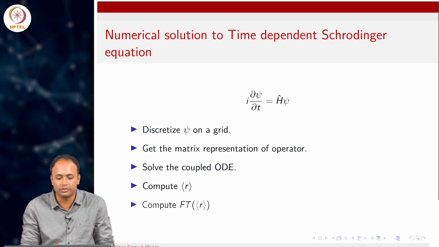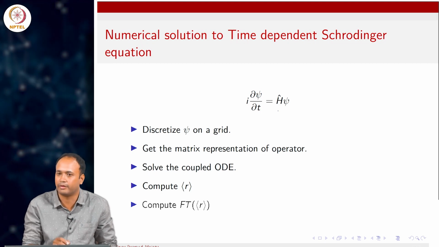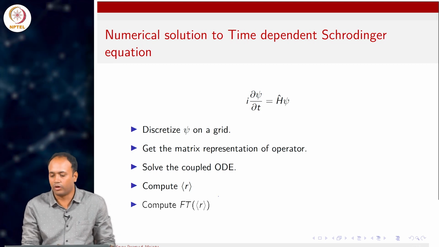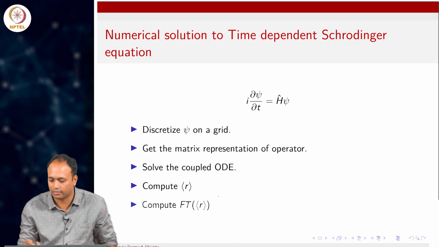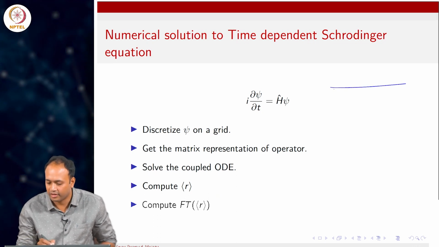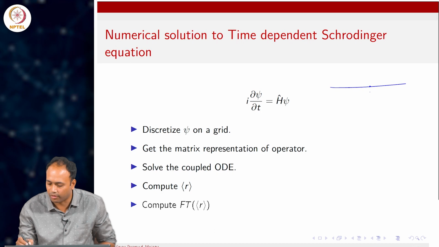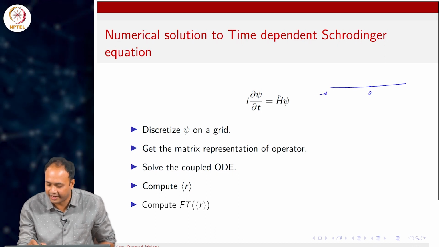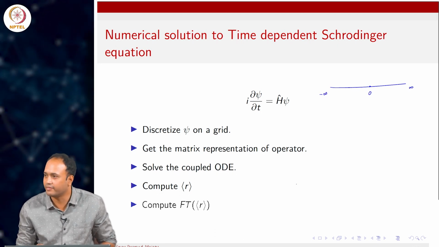How do I do this numerical simulation? I want to solve this time dependent Schrodinger equation. This is a one dimensional problem, so let us say this is psi, this is the origin, and I have my x axis going from minus infinity to plus infinity.